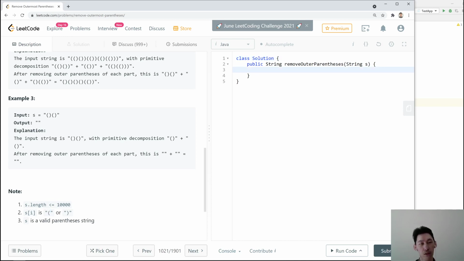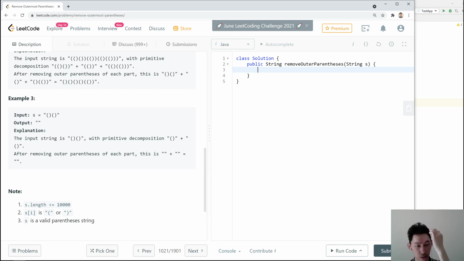It's related to count, I guess. It's almost like a stack counting, because we're opening a parenthesis and then we're closing it.